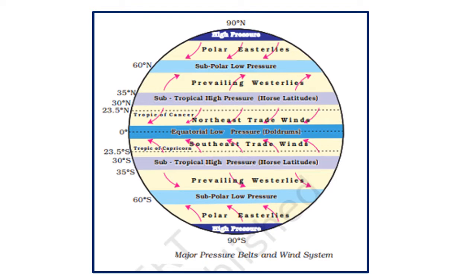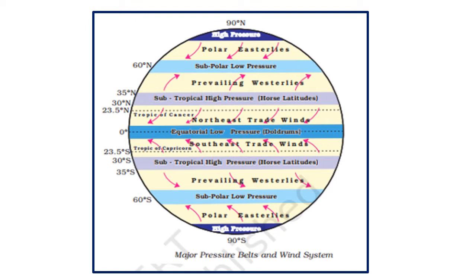Near 60 to 65 in both hemispheres. Earlier I told you that from polar areas wind moves towards the equator, but there is an obstacle.